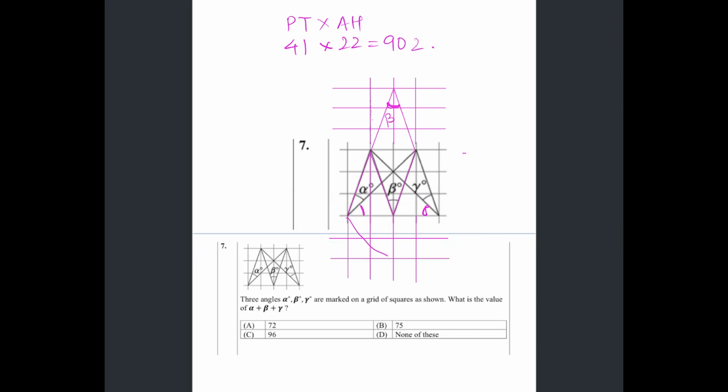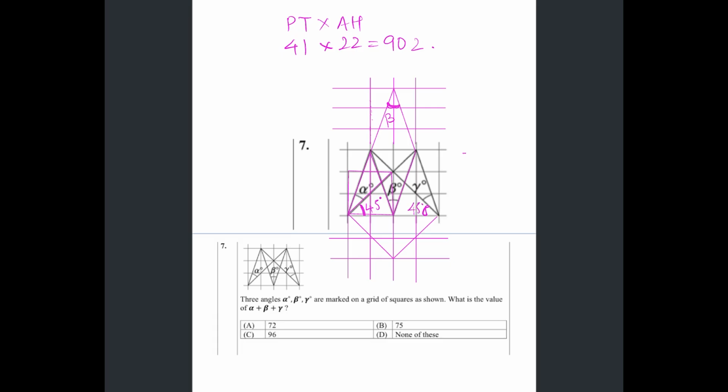So this one here is a square, because this here is the diagonal of this square. So what is this angle? It's 45 degrees. This angle here is also 45 degrees.